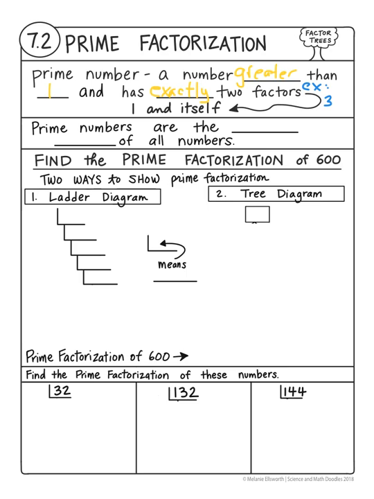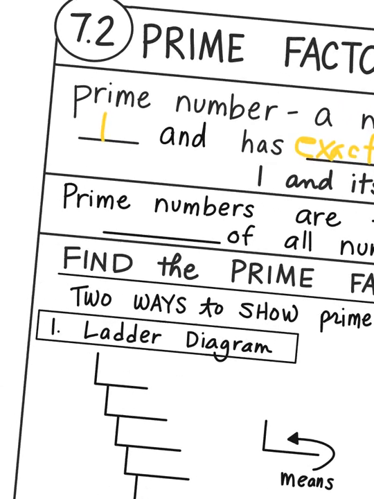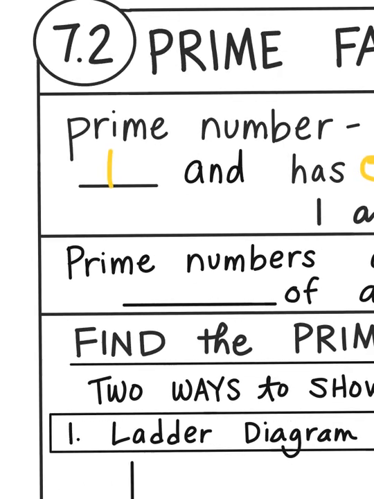On a side note that I would like you to add in here, if a number is not prime, we also have something called a composite number. Right?